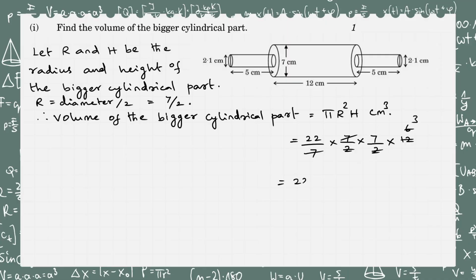So, we end up having 22 into 7 into 3 and we need to multiply these numbers. And the product of all these numbers will be 462. So, the volume of the bigger cylindrical part is 462 centimeter cube. Okay. So, that's the end of the first sum.